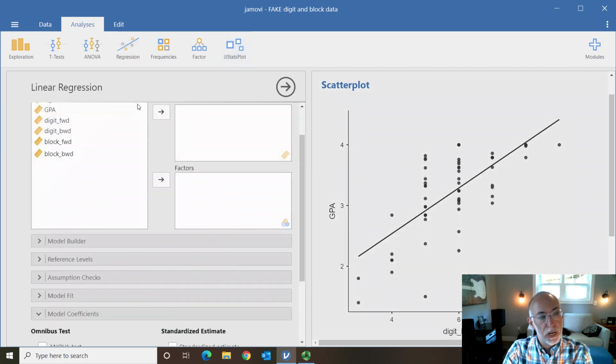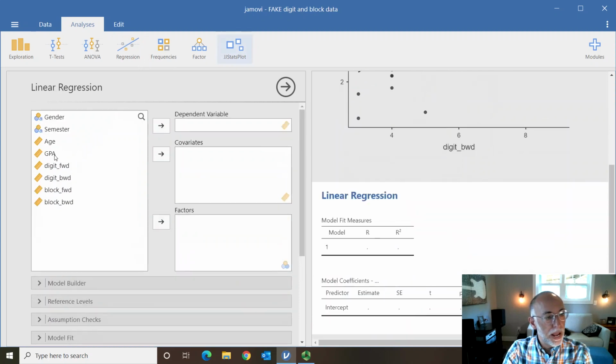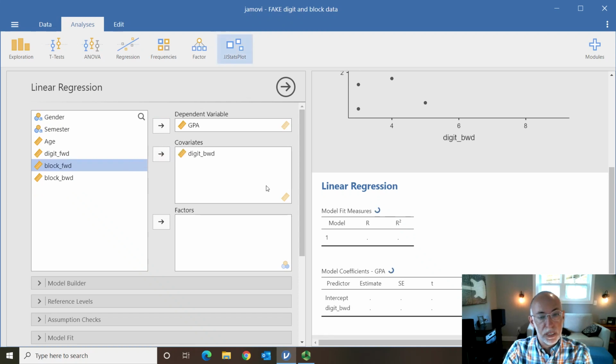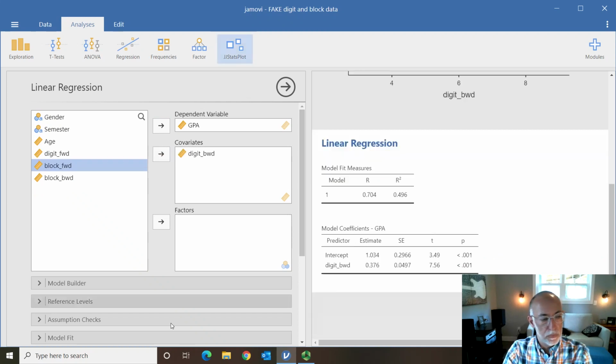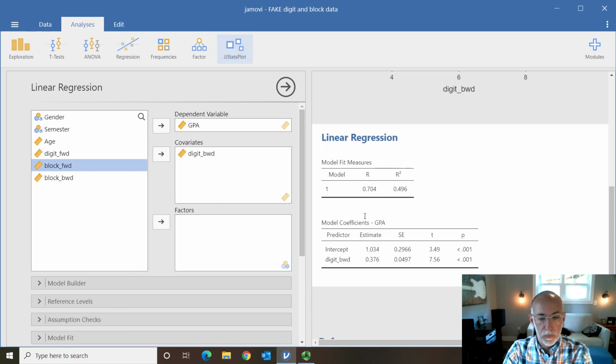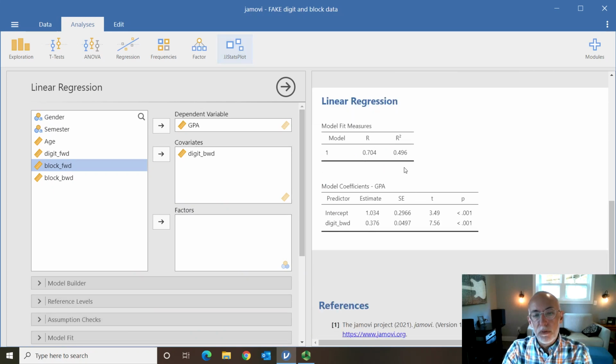So we'll do that under regression. We're going to do a linear regression. Our outcome is GPA, our dependent variable, and we're going to use digit backward as our covariate to predict it. We can see the R was the same you would get if you ran correlations, 0.704.